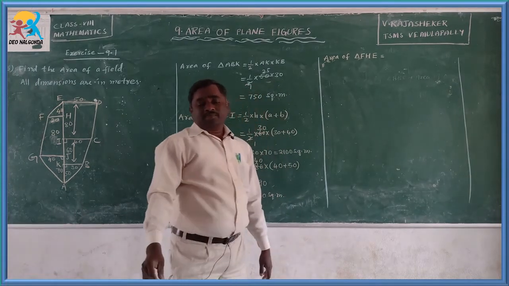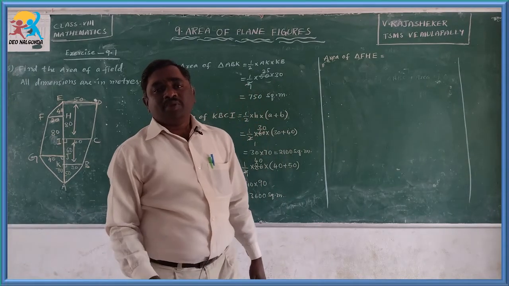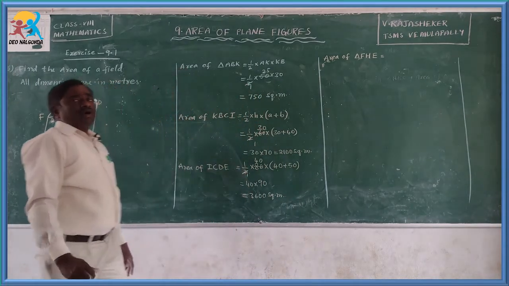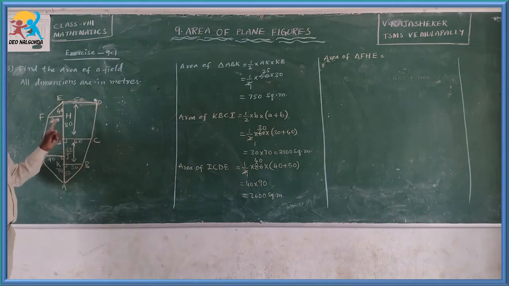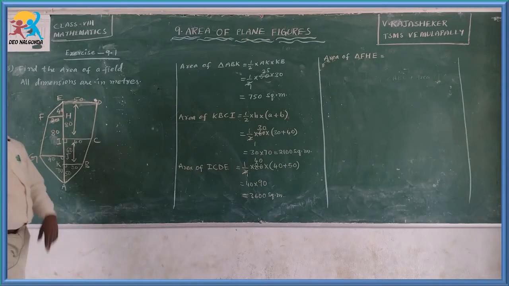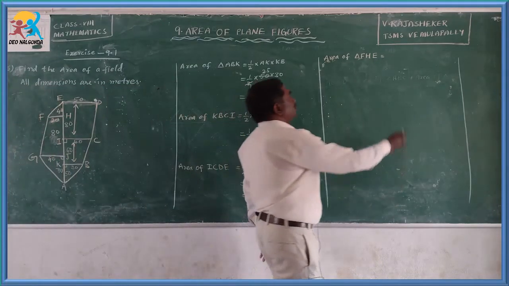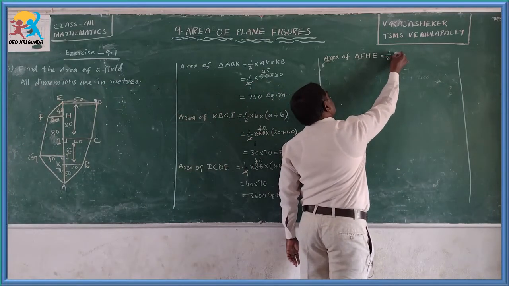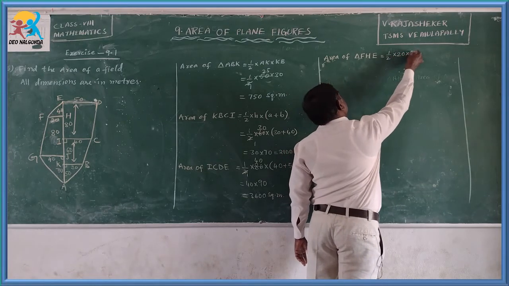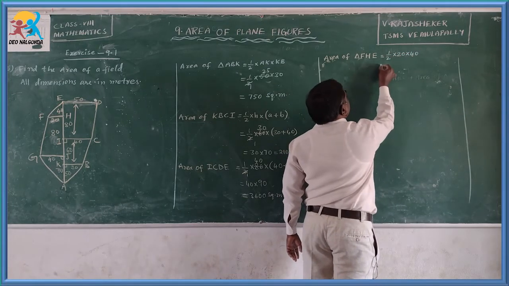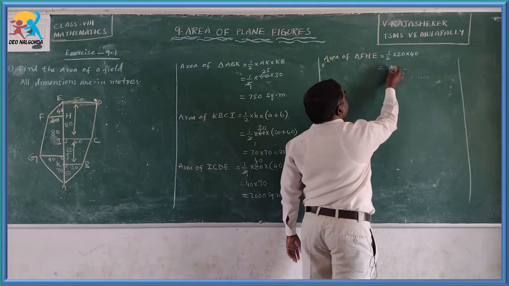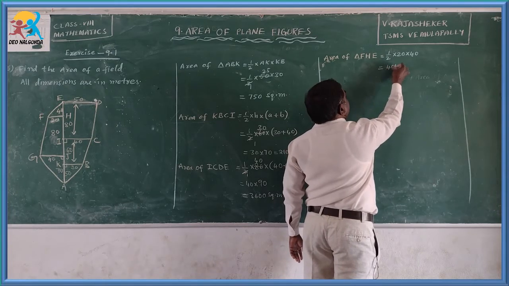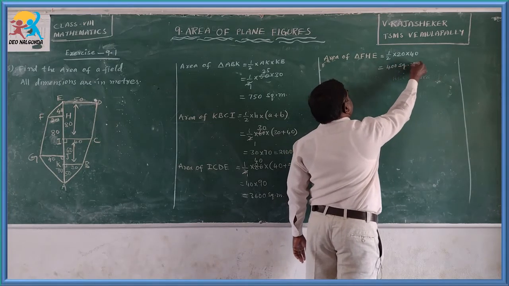We know the formula: half into base into height. Half into base 20 into 40. This one directly can be written as 400 square meters.